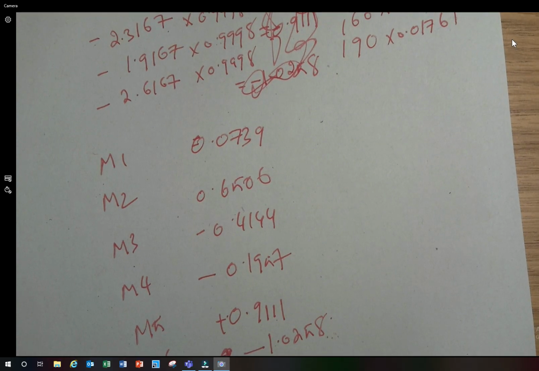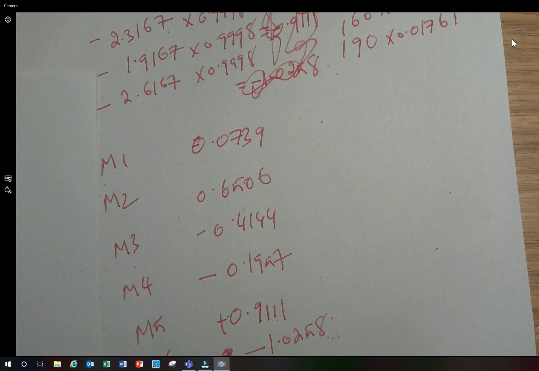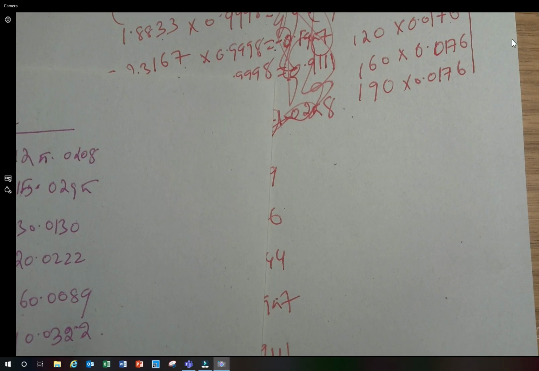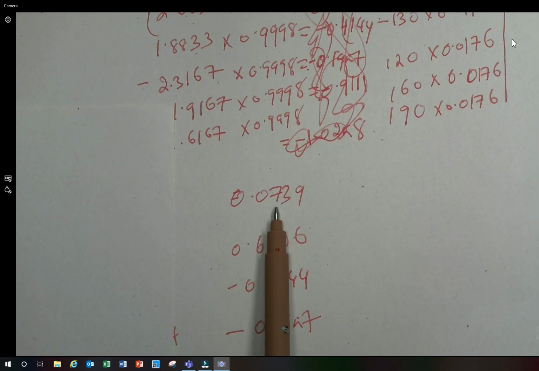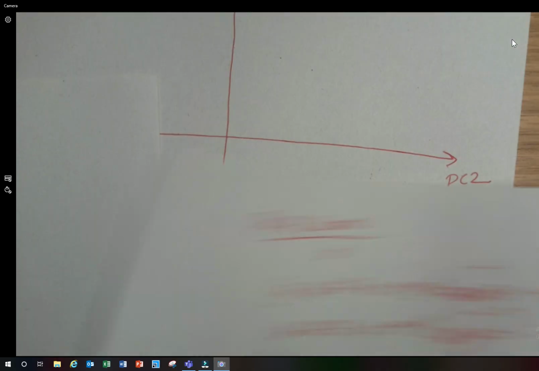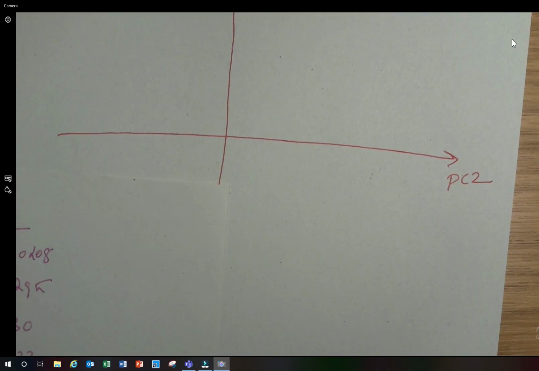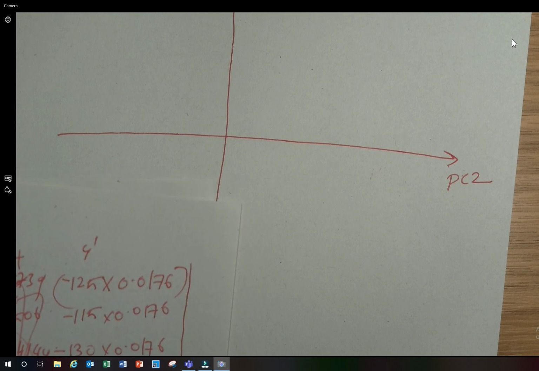So let's plot it. I need to plot minus 125 against 0.0739, or maybe I can even make a small table here.